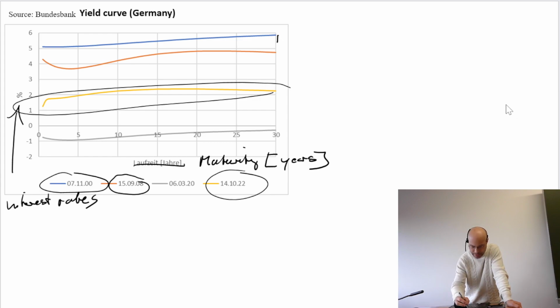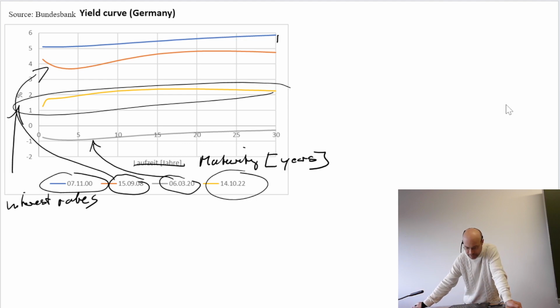And I brought you the yield curve, the gray one here, of the 6th of March 2020. Maybe we take at first the yield curve of the beginning of March 2020.